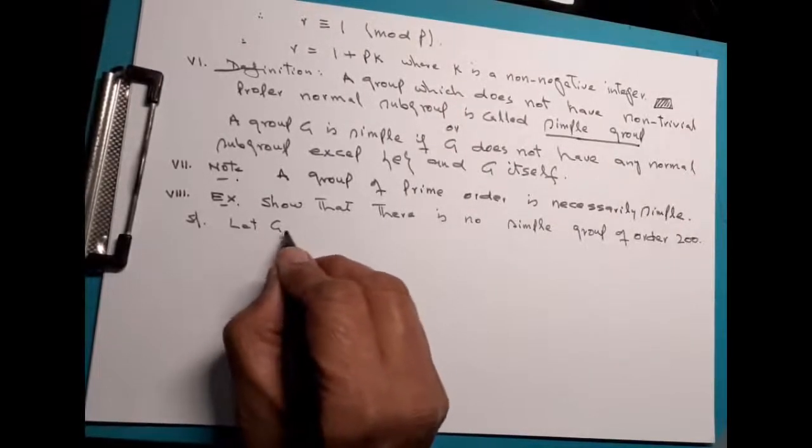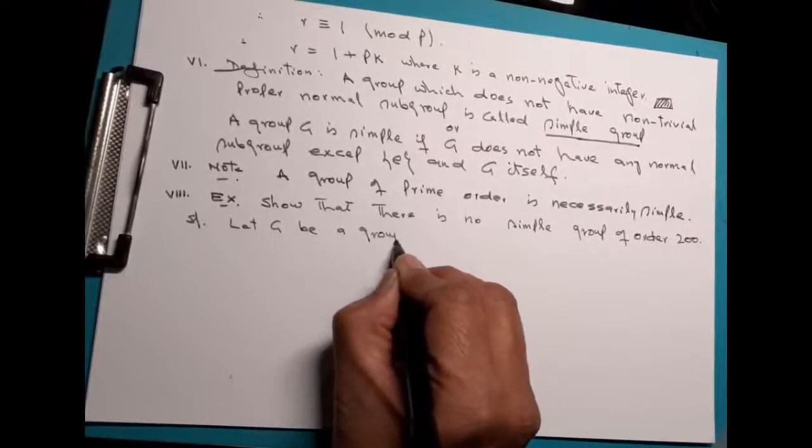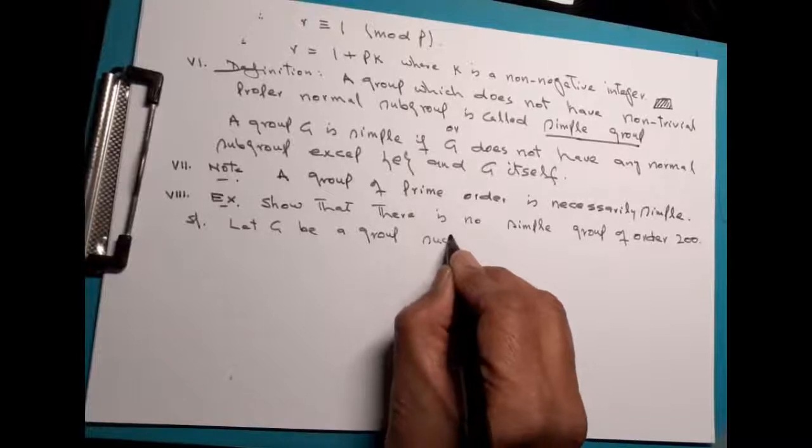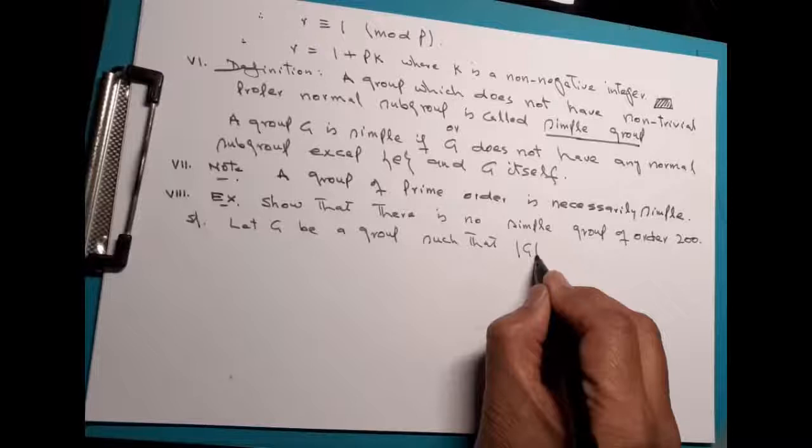Let G be a group such that the order of G is equal to 200.